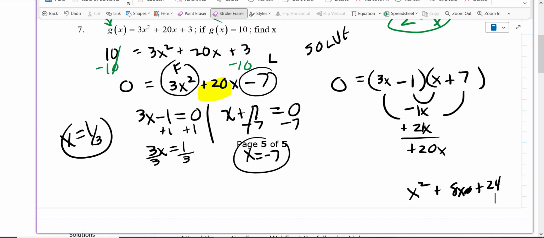Because when there's nothing in front of x, then the question just becomes, what two numbers multiply to give 24 that are going to add up to 8? Now, I think I made a bad problem on that. Let me put an 11 there, okay? What two numbers multiply to give 24 that add up to 11? 8 and 3. So you can do that in your head. But once I put a number right here, you can't do it in your head anymore, okay? So don't think of it as intimidating. Just think of it as I need to play with it a little bit, okay?